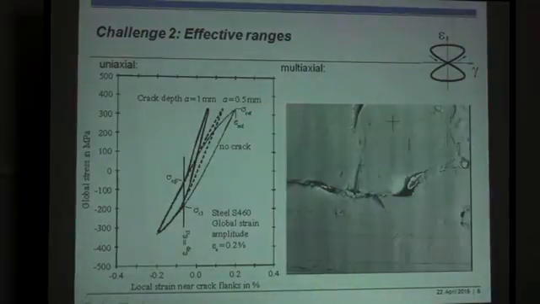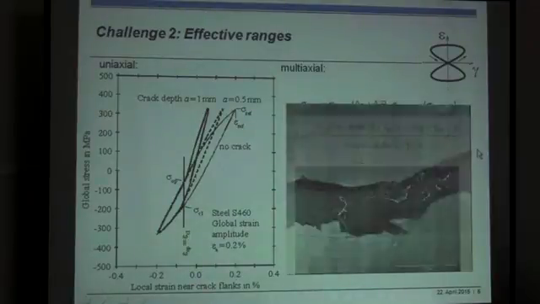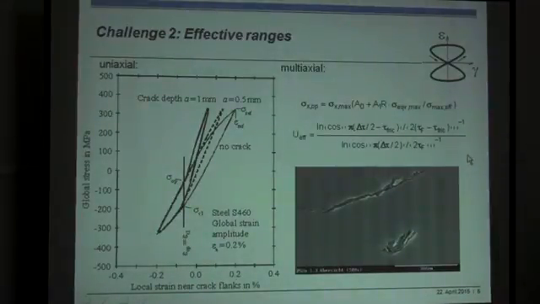So it looked like that, and then we had to invent some equations. First of all, we took the uniaxial equation for calculating crack opening stresses and closure stresses and modified them a bit. The original version goes back to Newman's famous crack opening stress equations.